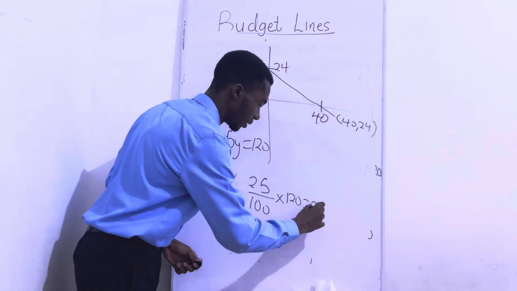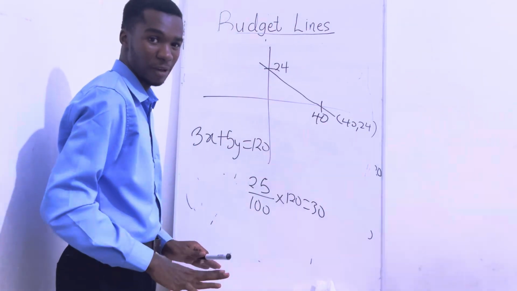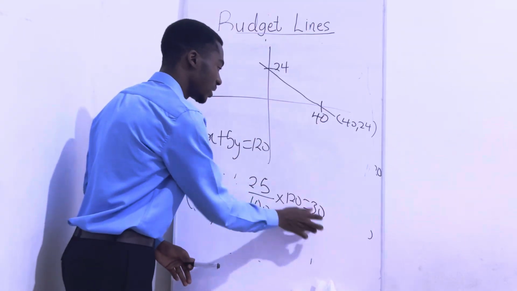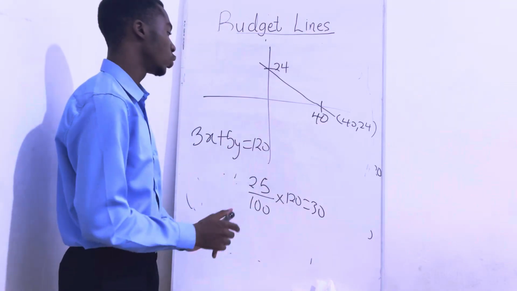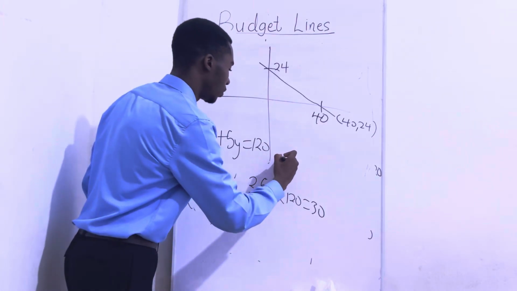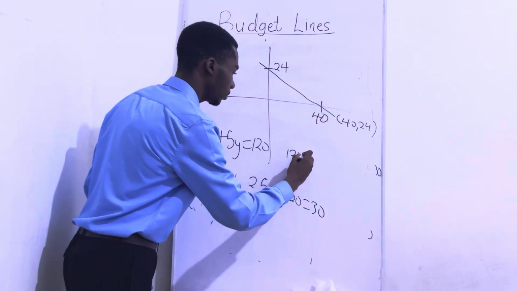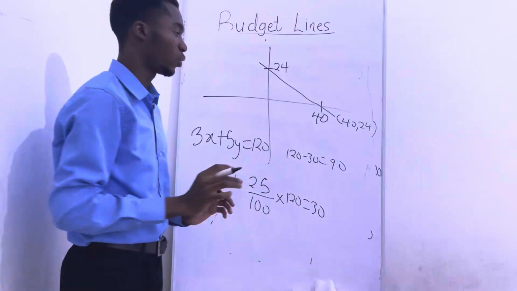So this is 30. We are not done. So the question is, what if it falls by 25%? It means you have to subtract this 30 from the budget. So we subtract 30 from 120. So 120 minus 30, then we are getting 90. So that means our new budget will be 90.